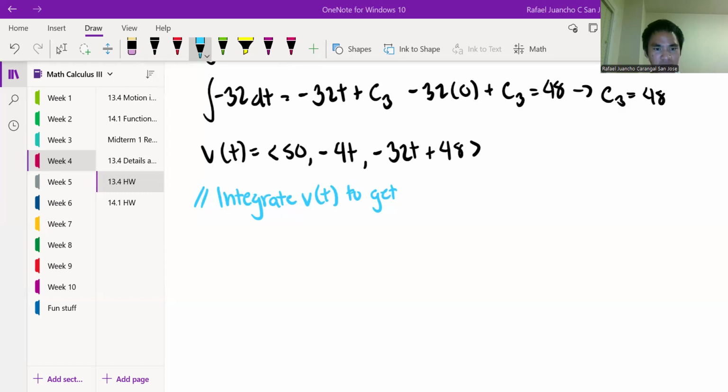What else? Okay, I think it's, oh, okay, so now I also integrate my v of t to get my position vector, because that's what I need.